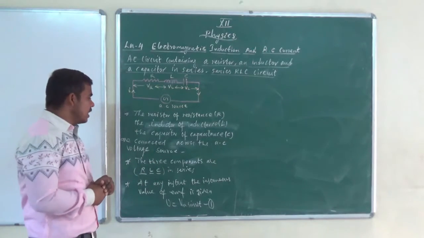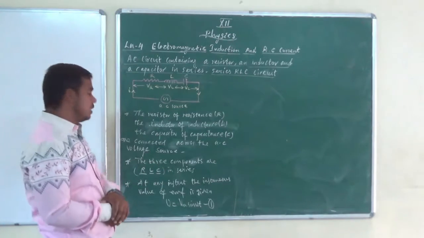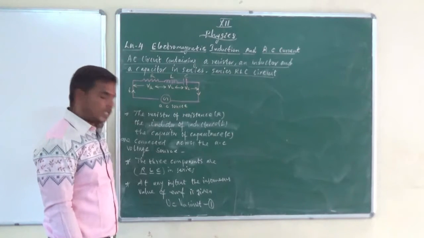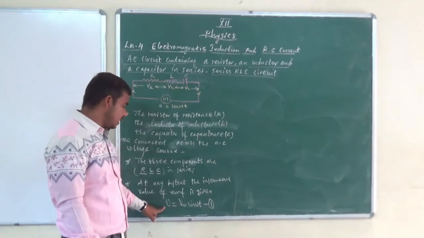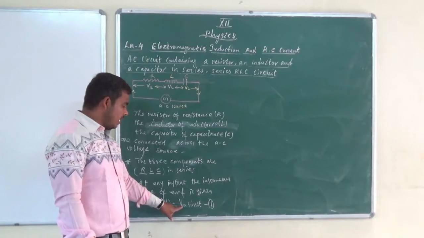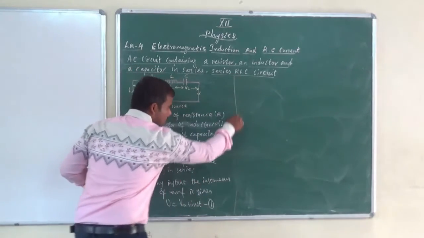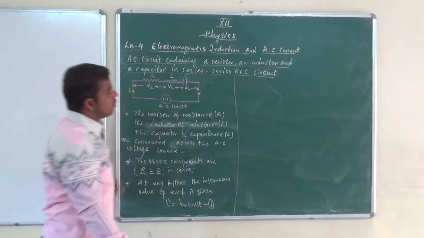At any instant, the instantaneous value of the alternating voltage is given by the equation V equals Vm sin omega t. Consider equation 1. If you have any doubt, please ask.